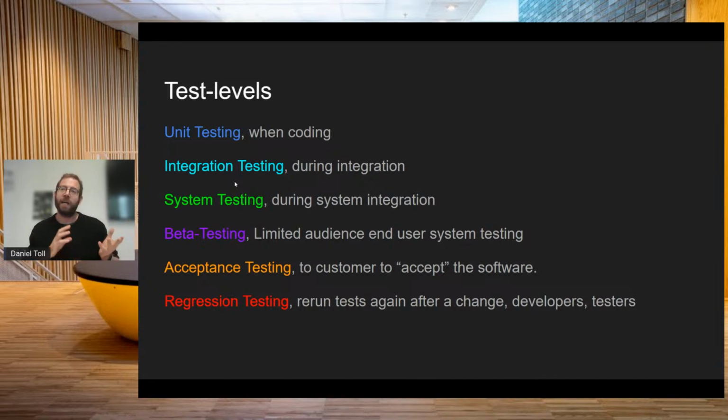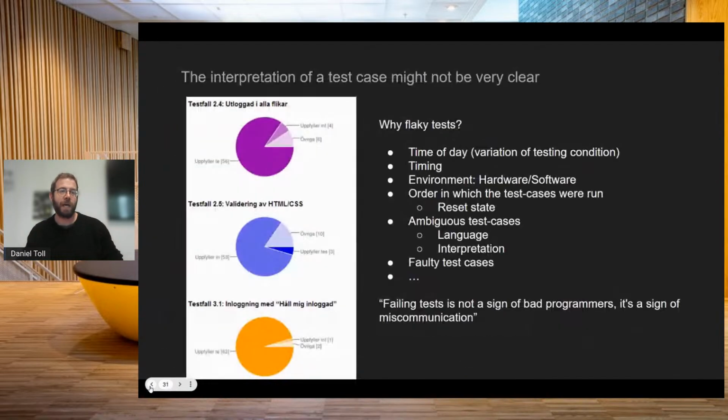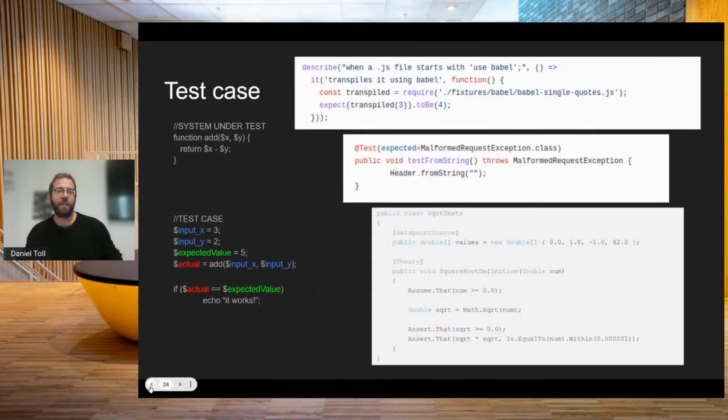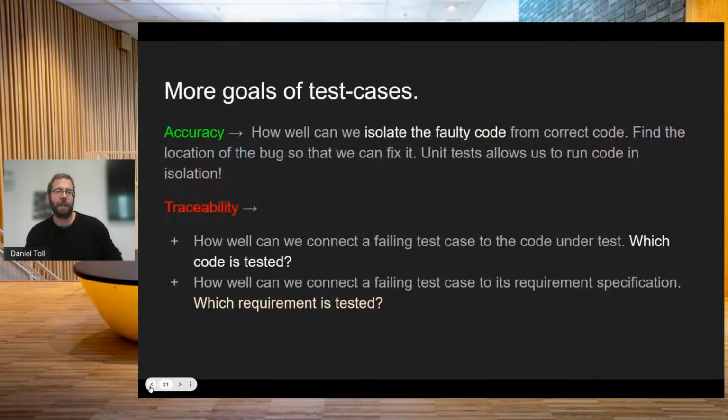There is more code running than when we have a unit test. Unit tests had really good qualities that I'm going to remind you about. For unit tests, we had accuracy, which is that we can isolate the faulty code. If one of the unit tests we ran for the multiply or the sum method fails, then we know that the fault is in the multiply method, because we have really good accuracy.